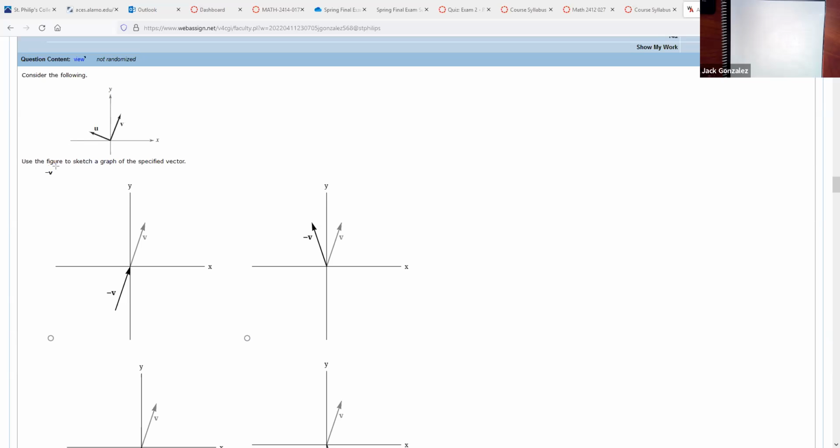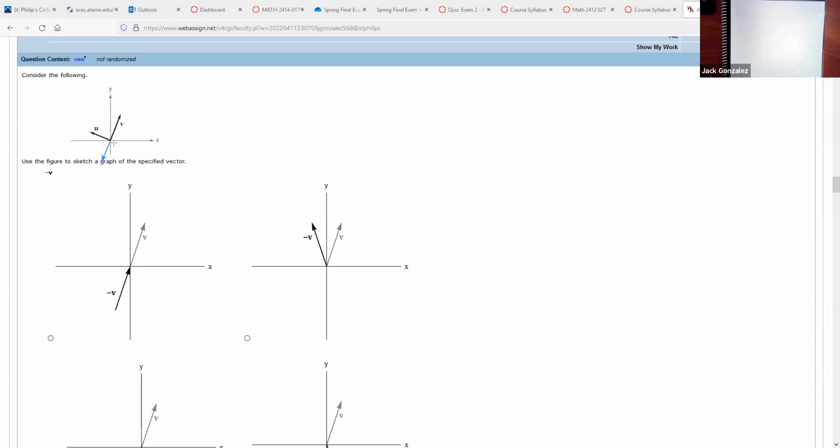They say use the figure to sketch the graph of negative v. So negative v would be the exact same vector but going in the negative direction. That's the wrong picture. Let me use the other one. So this would be negative v, the blue one. That makes sense. Whenever you have a negative on a vector, it just switches to the other direction. Complete opposite.